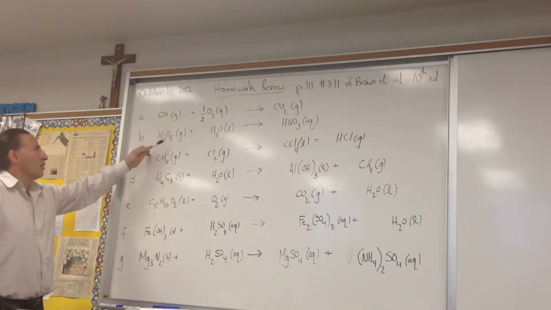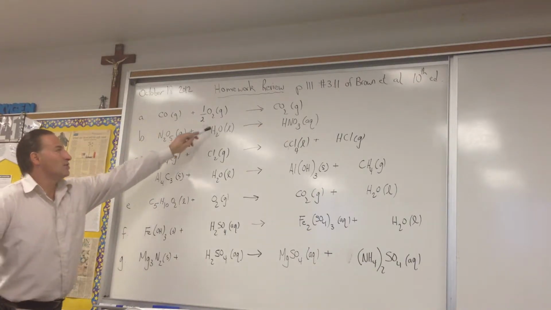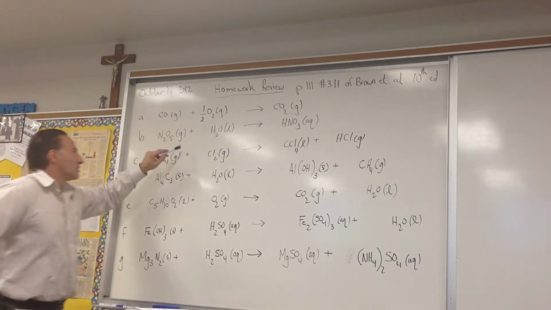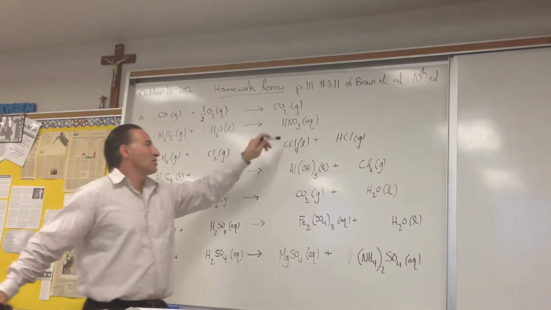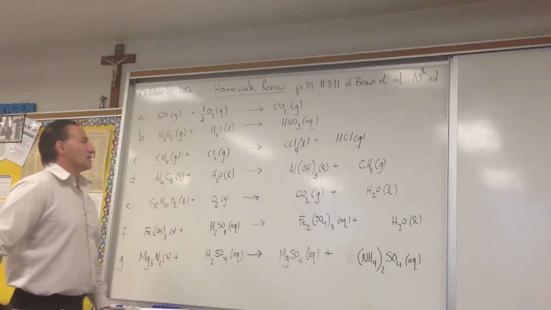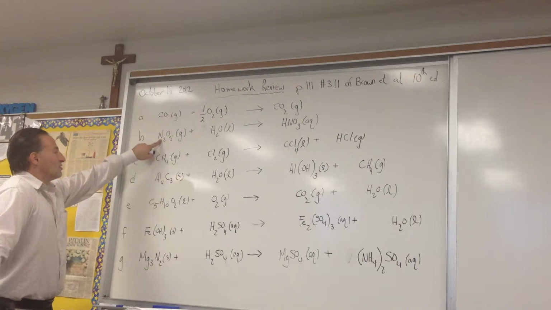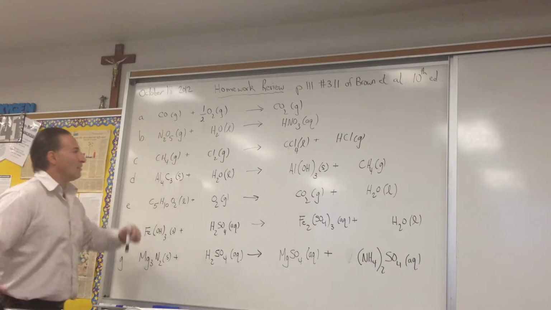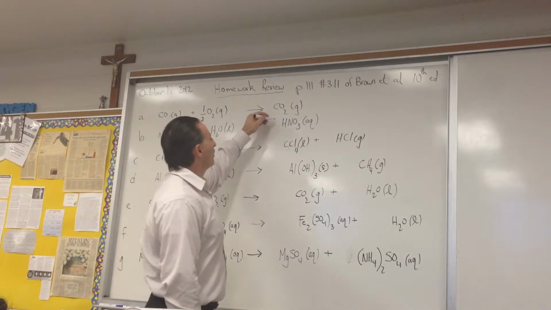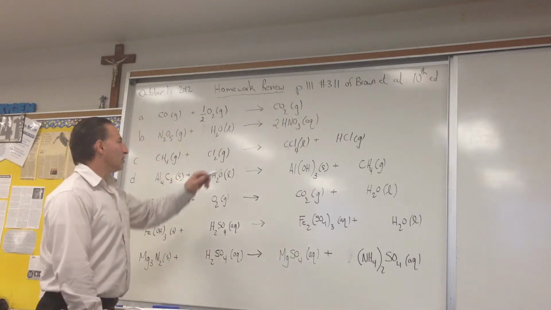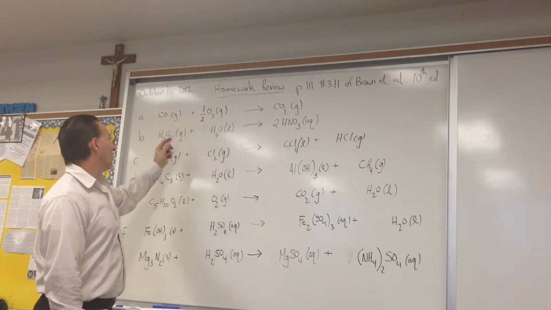For example, we have 2 nitrogens over here. There's no nitrogen in the water. So we're forced to balance this nitrogen by using the one product that we have on the right-hand side. So 2 nitrogens here have to be balanced by 2 nitrogens over here. So we're going to have to put 2 nitric acids. Then we worry about balancing the water and the oxygen.